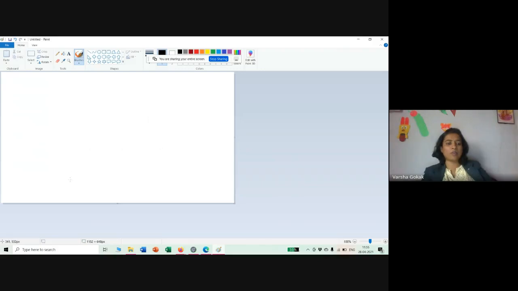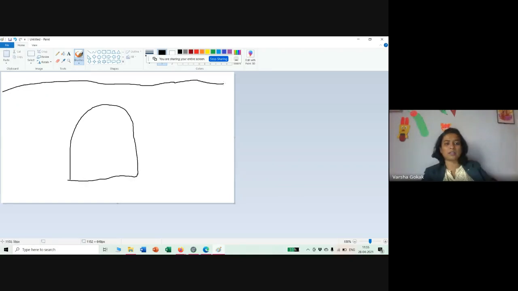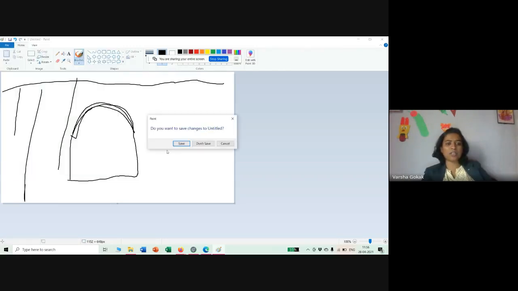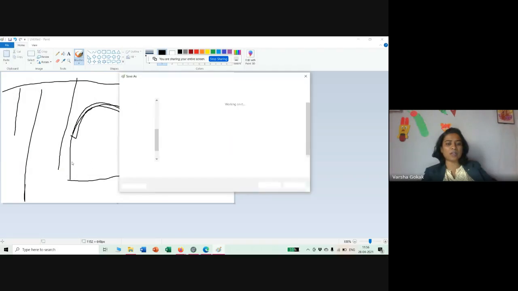You have openings like this, remember? Beneath a bridge. The bridge will be above this. This would be that bridge structure, and a tunnel-like opening. So this is called an arch. And arches and cables, why are cables important? Cable stayed bridges, have you heard?